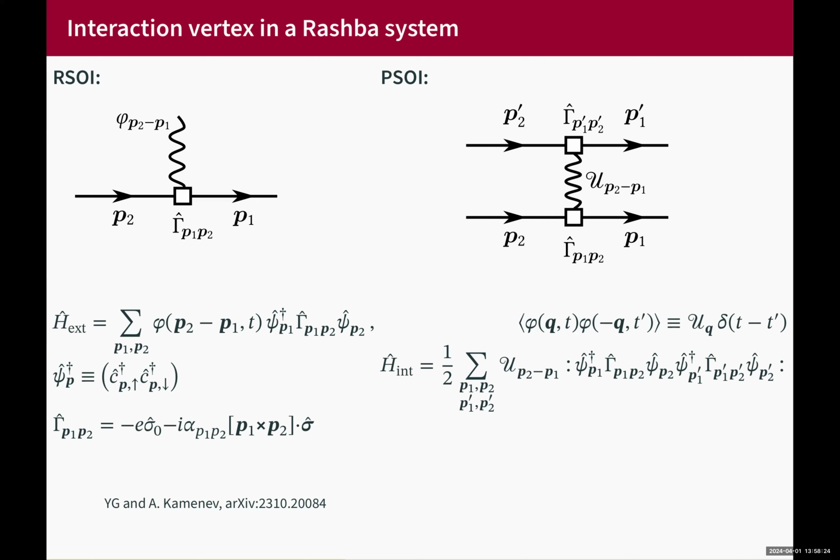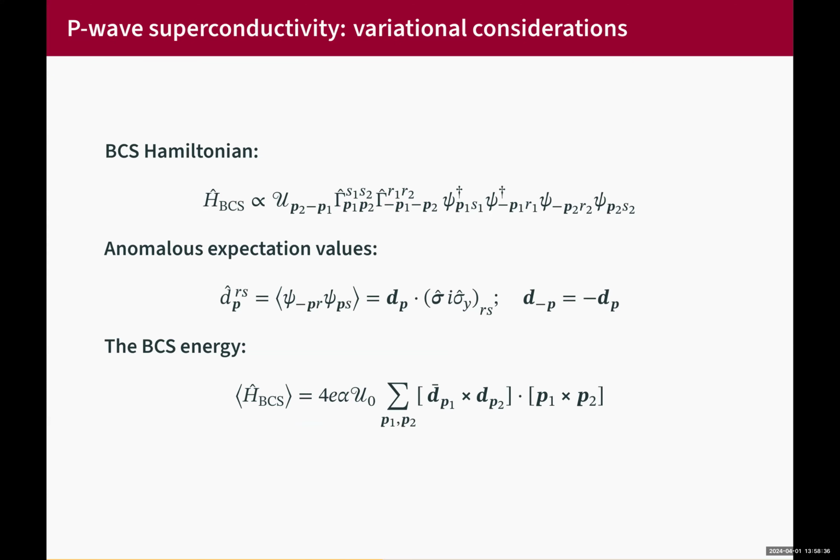And we end up with this interaction Hamiltonian, with these very vertices standing here. And what we will be doing next, we will just perform a very simple variational estimate, trying to check if there is an instability in the Cooper channel due to this interaction.